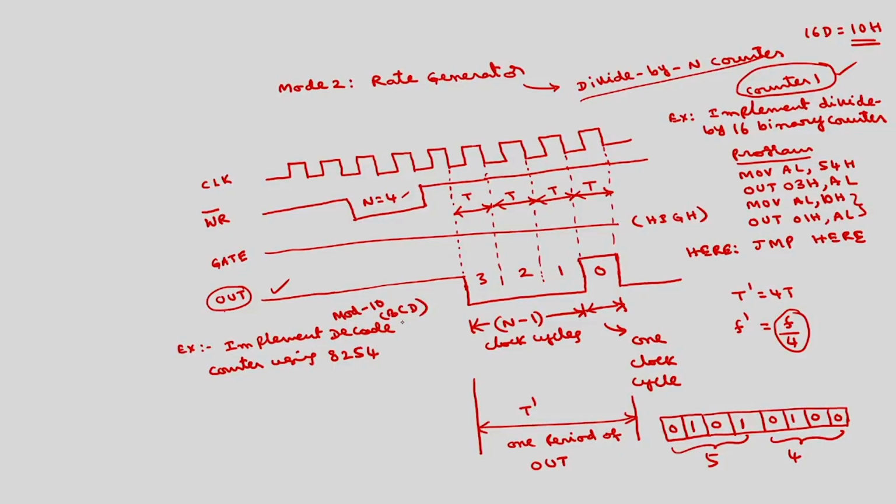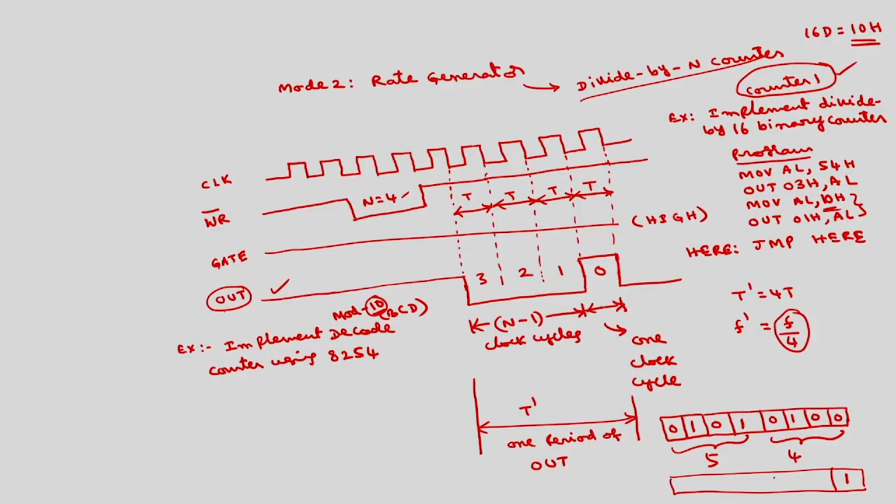Here we have to give a decimal 10 value directly, not a hexadecimal value like before, because this is BCD count. So the change here is that this 0 becomes 1, so that I can directly give this 10 into the counter.